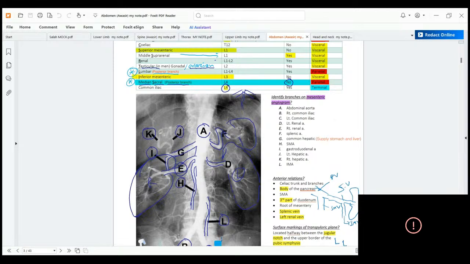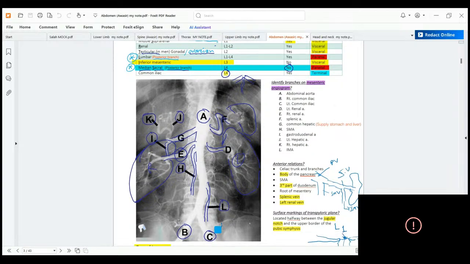So in this picture, we know which structure is which. We will go very rapidly.